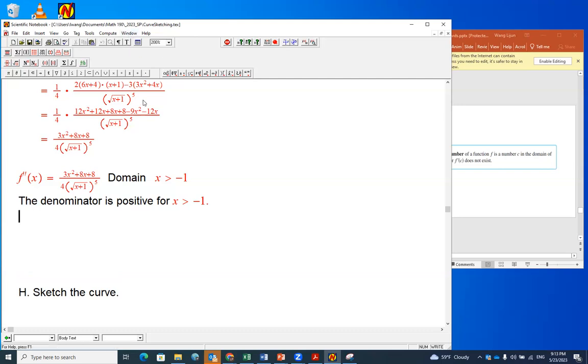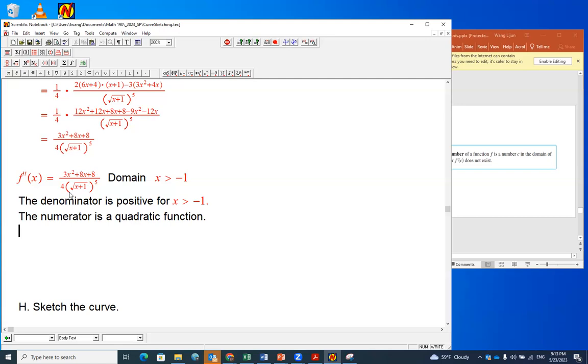The numerator is a quadratic function, right? So if we look at this quadratic function and set it equal to 0, then we can discover what the sign is. So we're going to take this quadratic and set the second order derivative equal to 0.